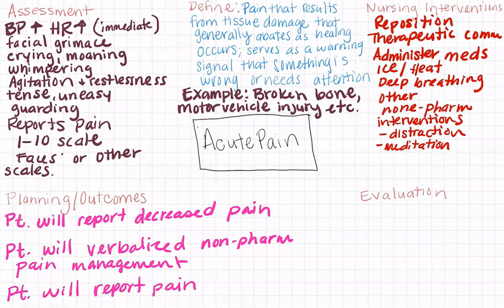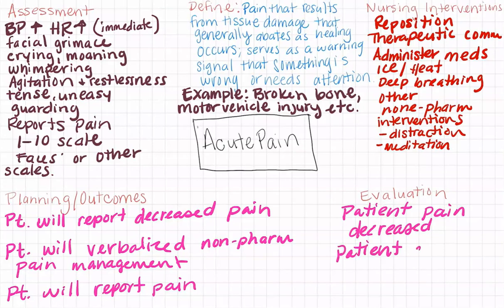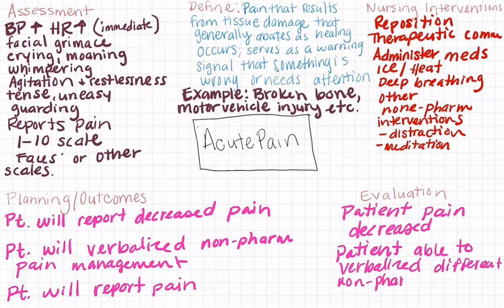And the reason we want them to report pain is because sometimes they just don't. And then you evaluate your outcomes. So, patient shows decreased pain, patient able to verbalize, patient reports pain appropriately.